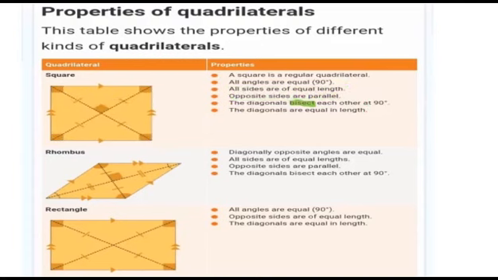Next up is a rhombus. First is opposite angles are equal. You can simply call this as opposite angles are equal. Again, this property comes from parallelogram because in a parallelogram, opposite angles are equal.